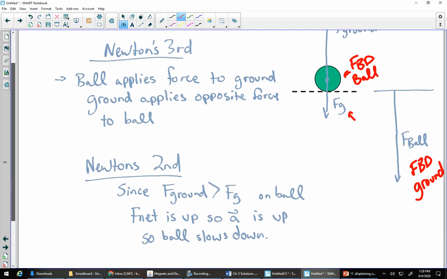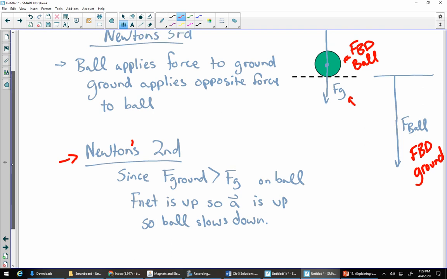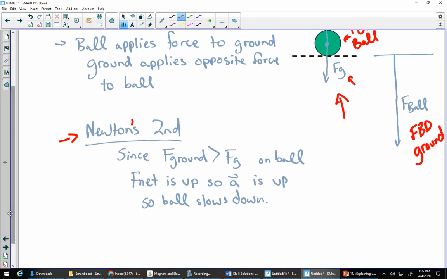My Newton's second law, explaining why the ball comes to rest or even bounces upwards when it's hitting the ground. Since the force from the ground is significantly bigger than the force of gravity on the ball, and we've got that drawn in our free body diagram up here, the net force is going to be upwards, so the acceleration is going to be upwards, so it's going to slow down at first.